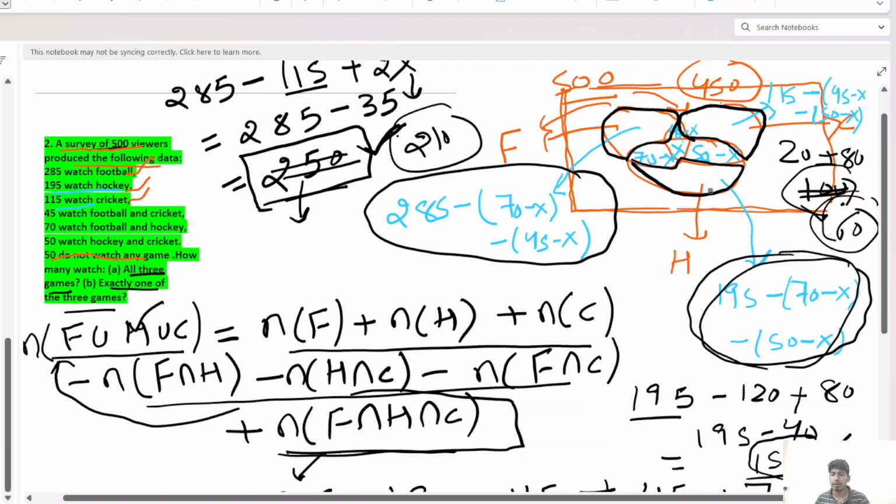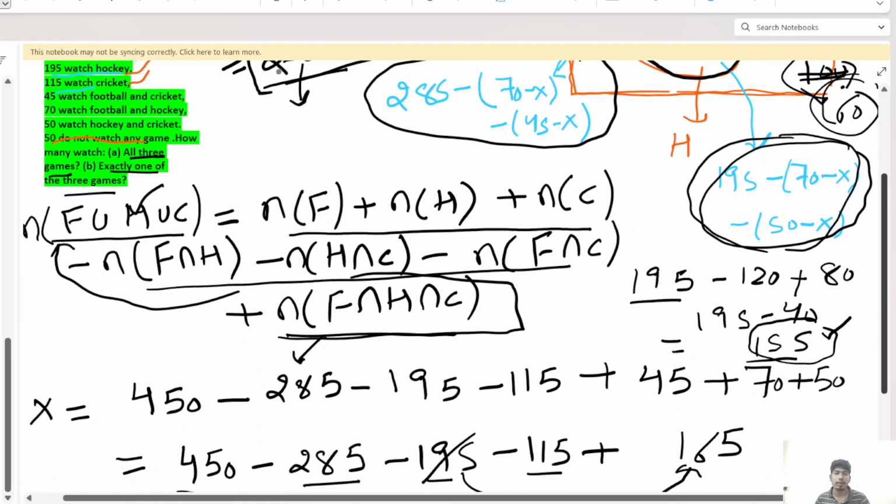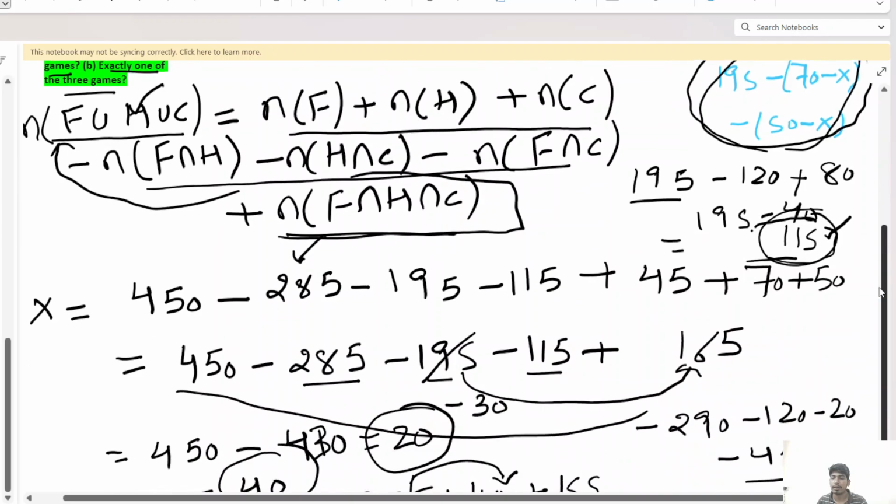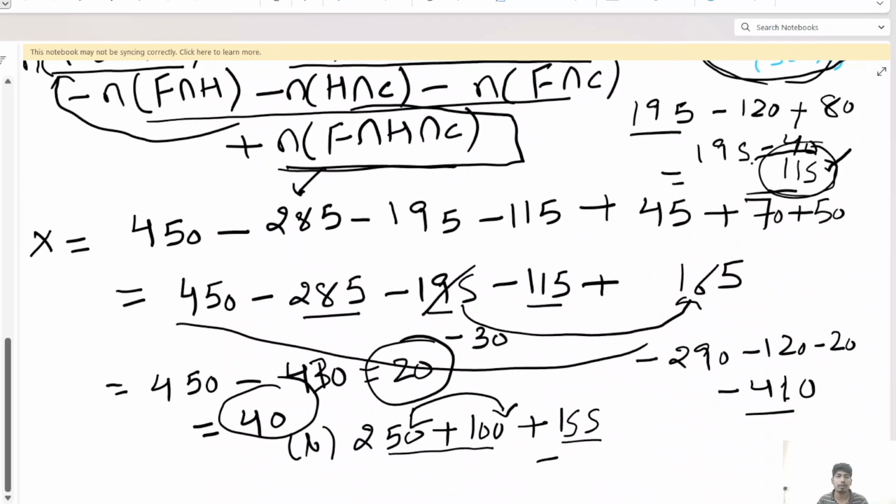And this part, 155 becomes 115. When we put x equal to 20, we get this. And what is our answer?